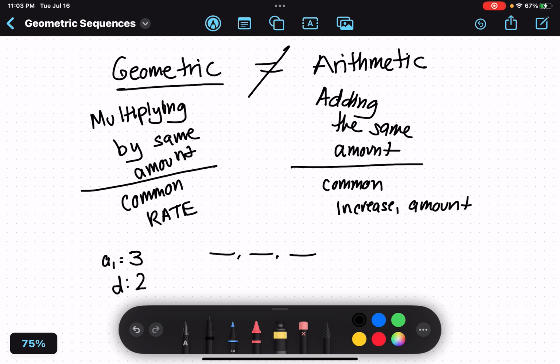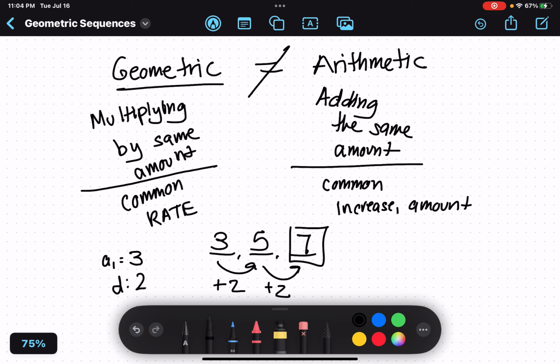Let's start with arithmetic first. If this was arithmetic, obviously our first term is 3, and since we're adding the same amount, we would add 2. So 3 plus 2 is 5, and 5 plus 2 is 7, and boom. There's arithmetic. Our third term in this sequence would be 7.